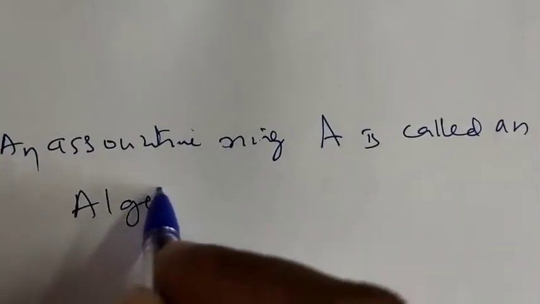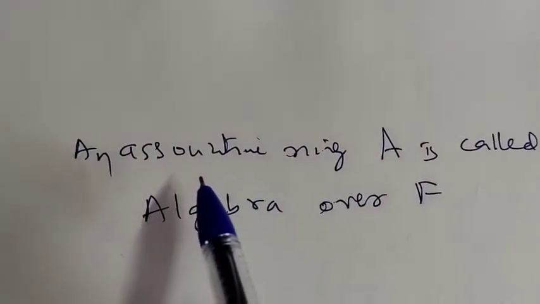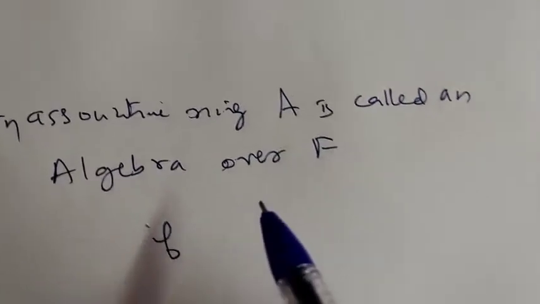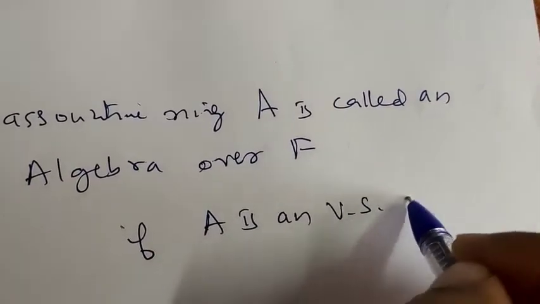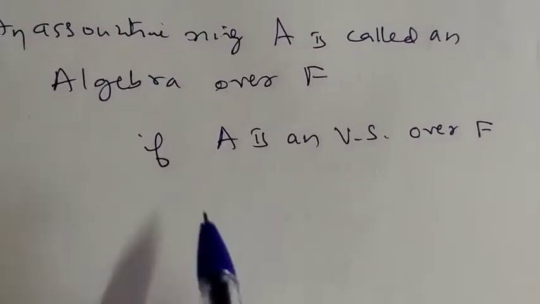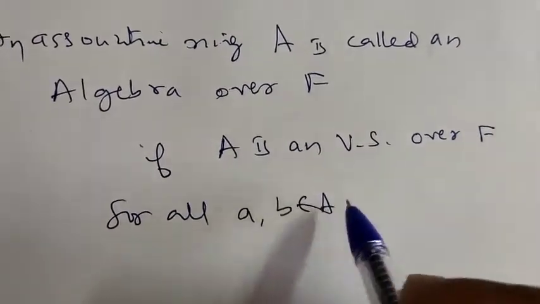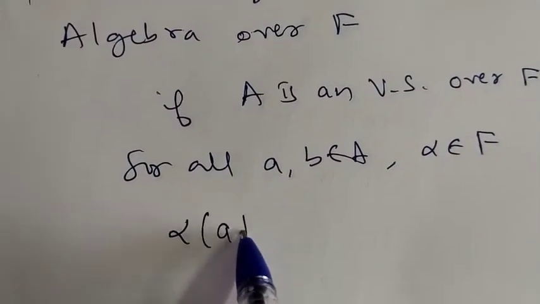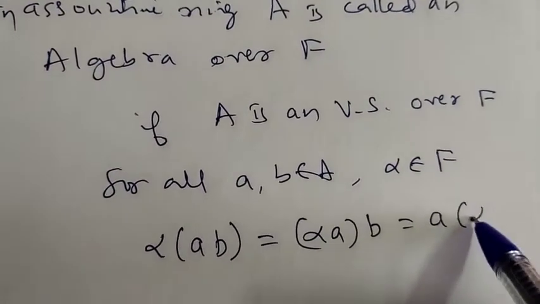An associative ring A is called an algebra over a field F if A is a vector space over F, such that for all a, b belonging to A and alpha belonging to the field F, alpha times (a b) is equal to (alpha a) into b or a into (alpha b).